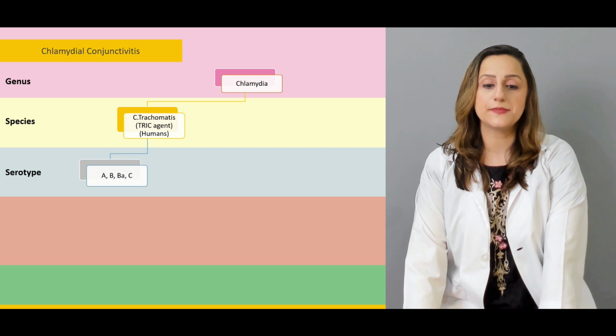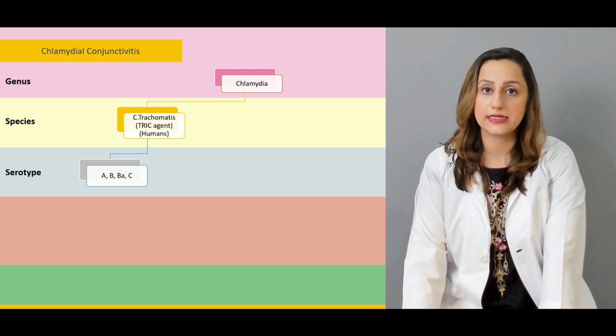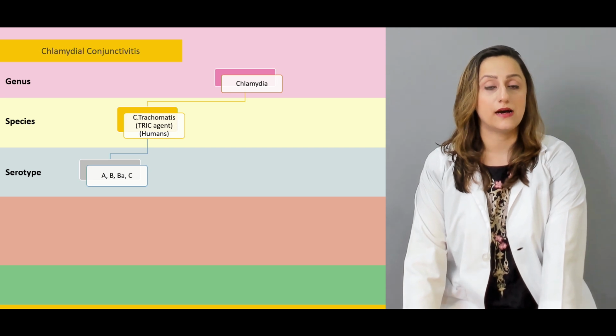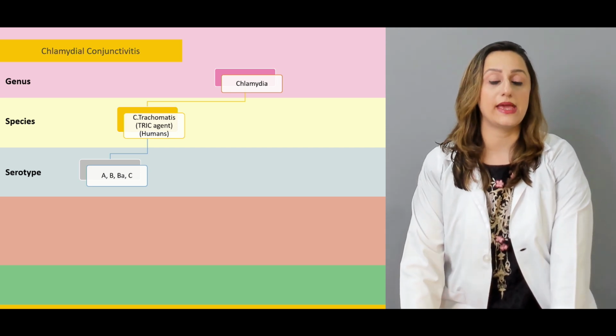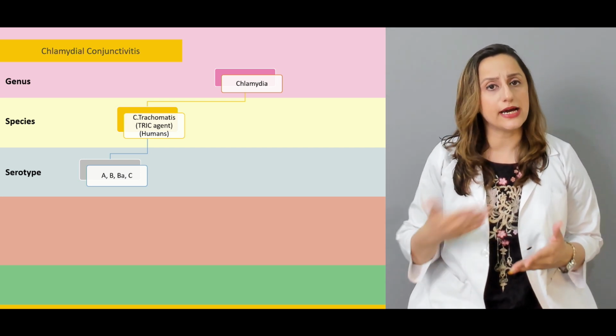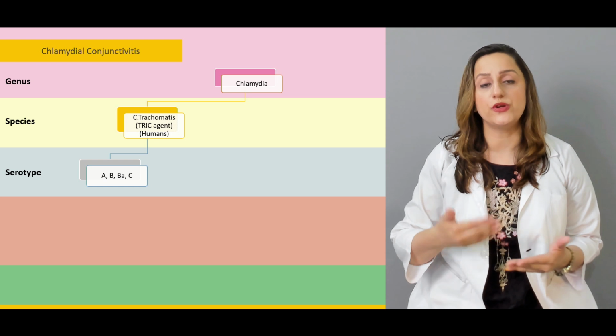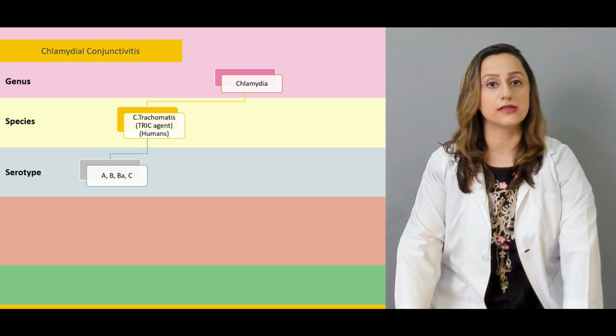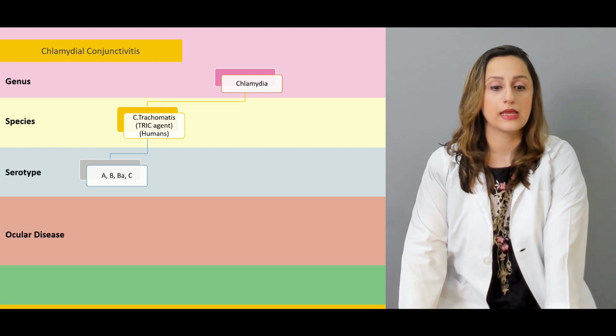The serotypes involved in Chlamydia trachomatis infections range from A, B, Ba, and then C. These are the genotypes or serotypes commonly used when we are naming them or documenting these chlamydial conjunctivitis infections.